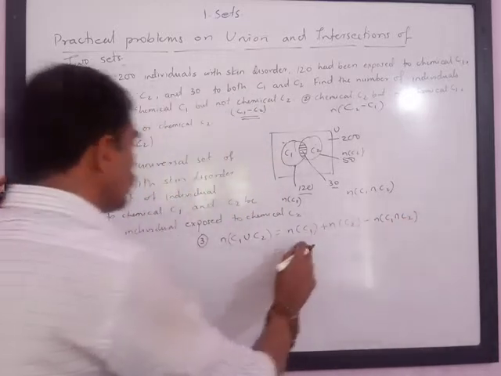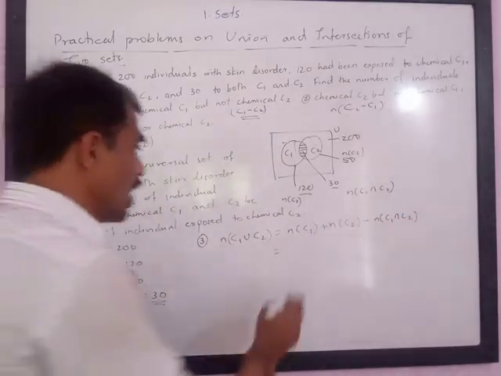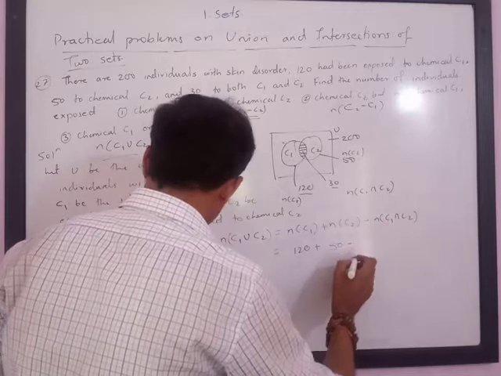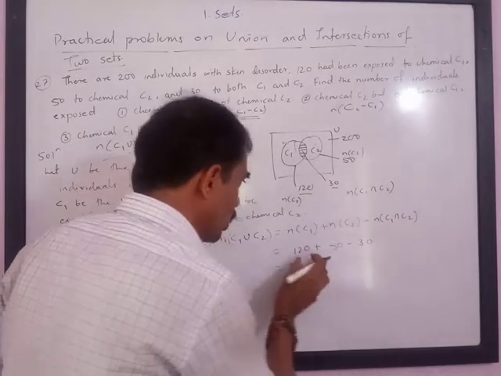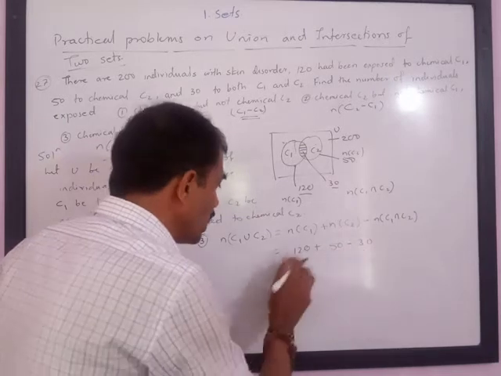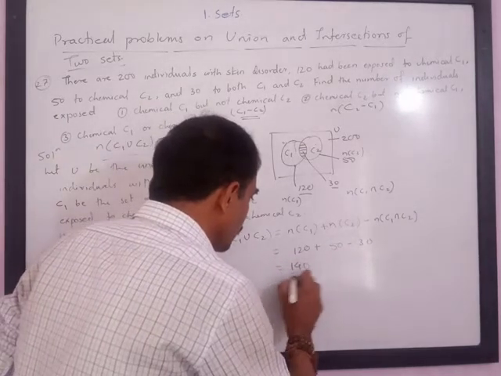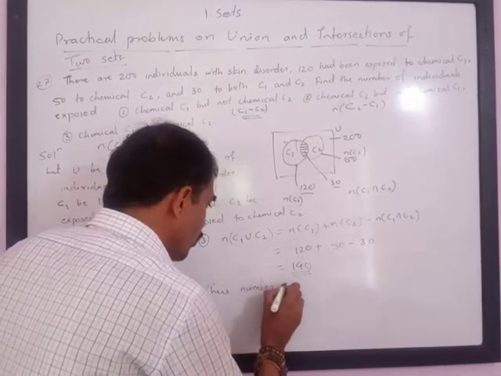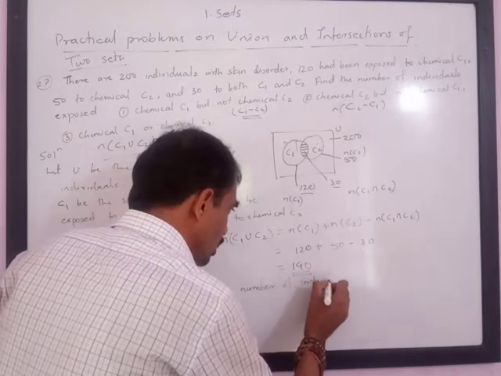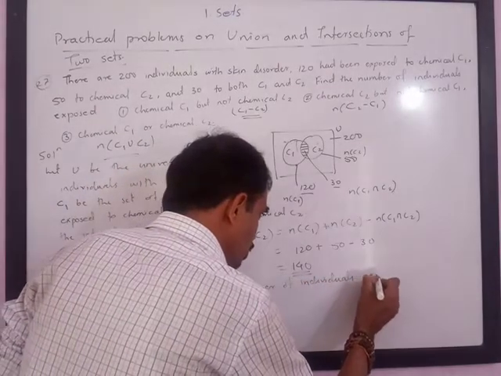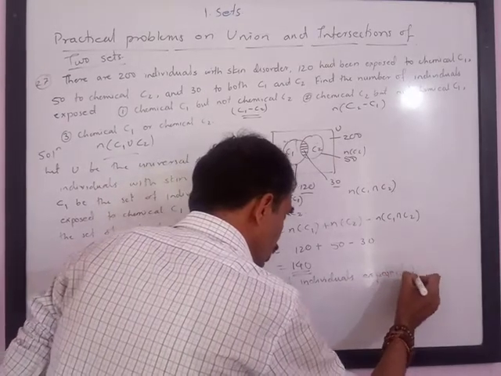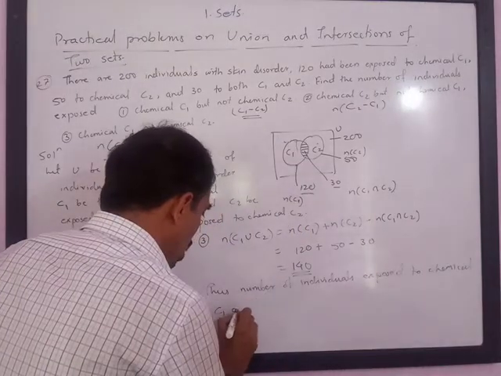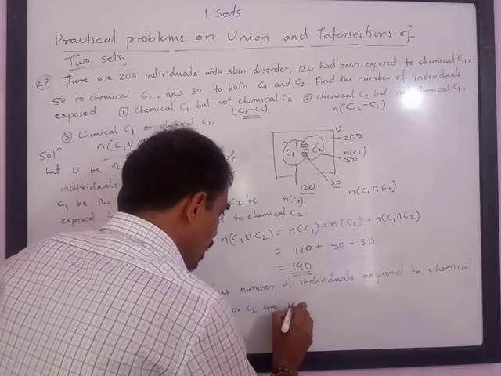So this is equal to 120 plus 50 minus 30, that is 20 plus 120, which is 140. Thus the number of individuals exposed to chemical C1 or C2 are 140.